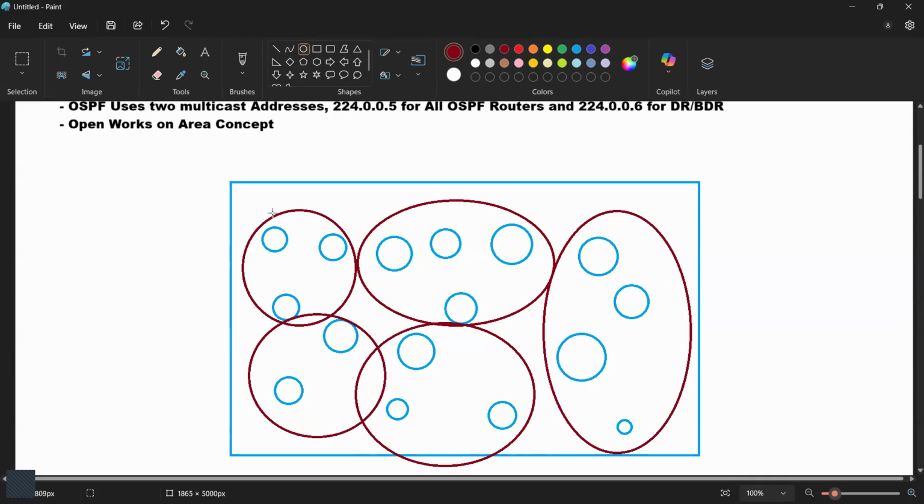Now the routers within an area will have information about that area only. To connect two different areas, we have a router in between where you have multiple areas configured. This router will also be connected to something called area 0. I'll come to that backbone concept later.